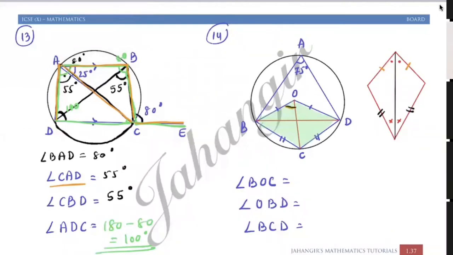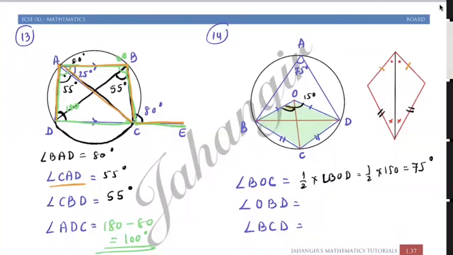So if we find out this angle, that will become 150. It is double of angle BAD. So we can say BOC is equal to half of angle BOD, that is half into 150, which is equal to 75 degree. You have to remember all quadrilaterals ki property also for that. Any doubt till here?